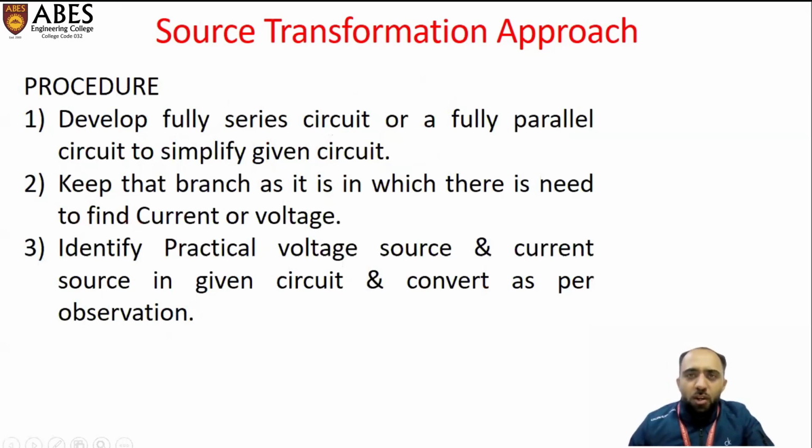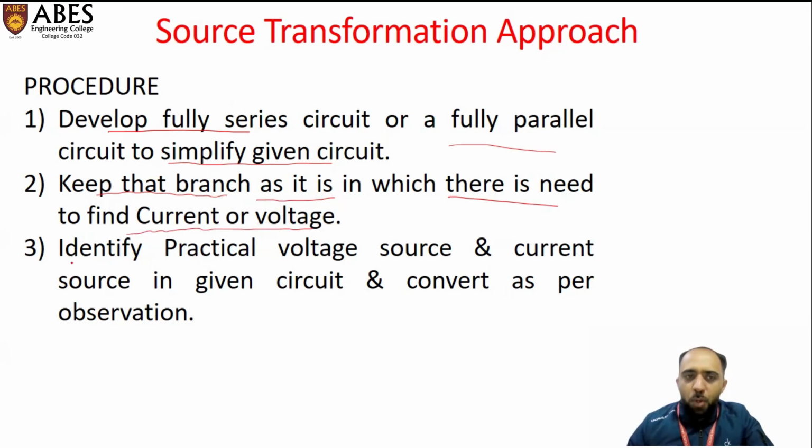Now, how can we solve any question? There is some procedure. The first point is develop the fully series circuit or fully parallel circuit to simplify a given circuit. Now, second point is keep that branch as it is, means you do not need to change that particular branch of circuit in which you need to find the current or voltage.